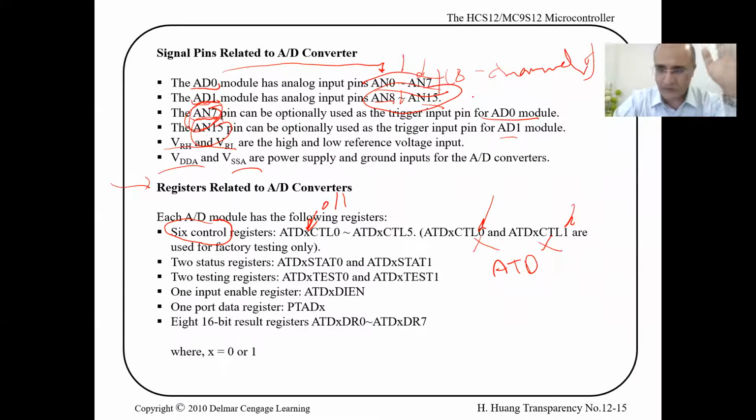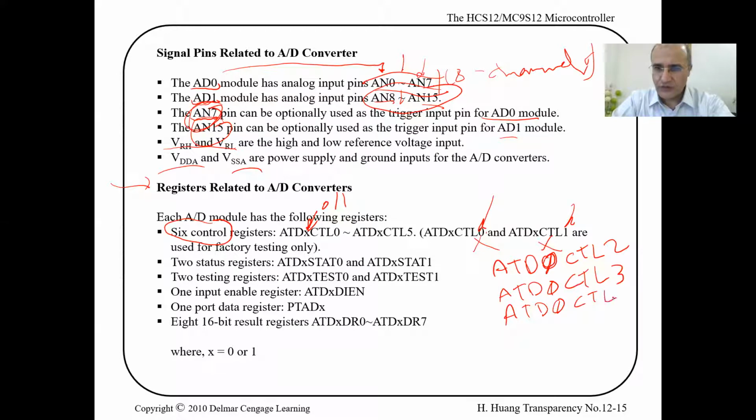Okay? So let's talk about the first 7. A to D 0, control register 0 is not used. 1 is not used. We start with 2. So we have A to D 0 control register 2. If we're using the other A to D, we replace the 0 with a 1. Then A to D 0 control register 3, then A to D 0 control register 4, and A to D 0 control register 5.